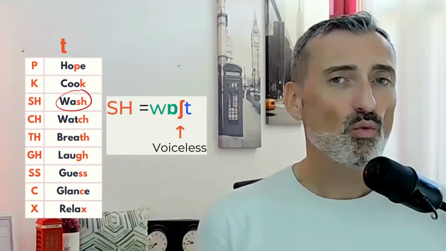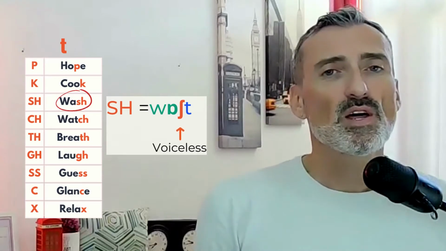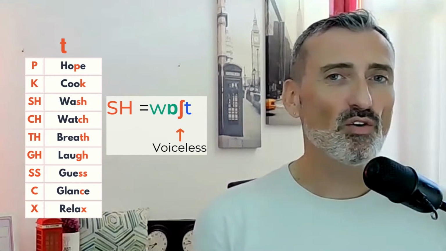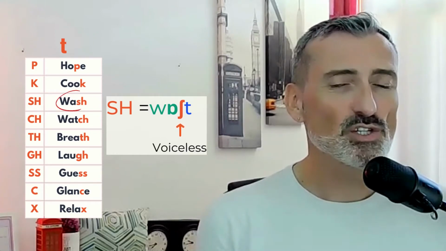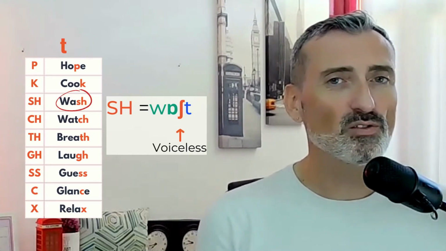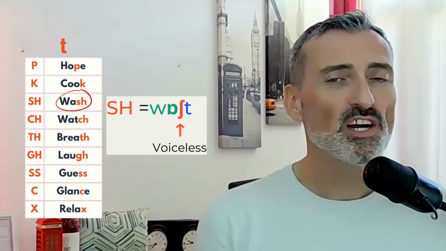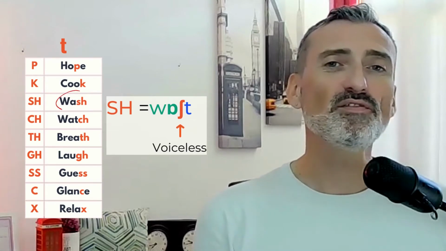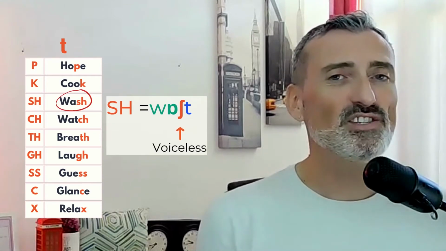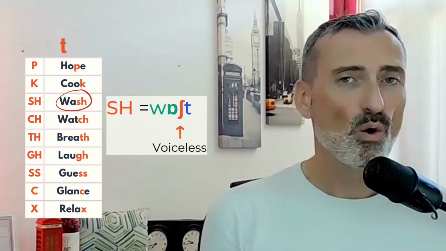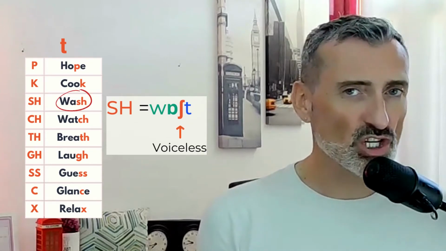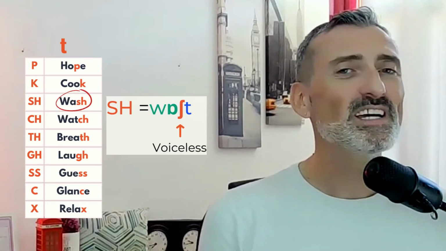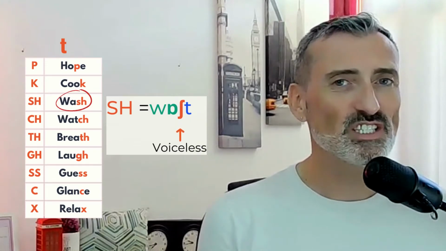In the verb wash, the last sound that we can hear is the combination of the letters SH. These two letters are pronounced as sh. This sound is voiceless. Therefore, the suffix ed is pronounced as T. I mean, washed, not wash it. We say washed instead of wash it.